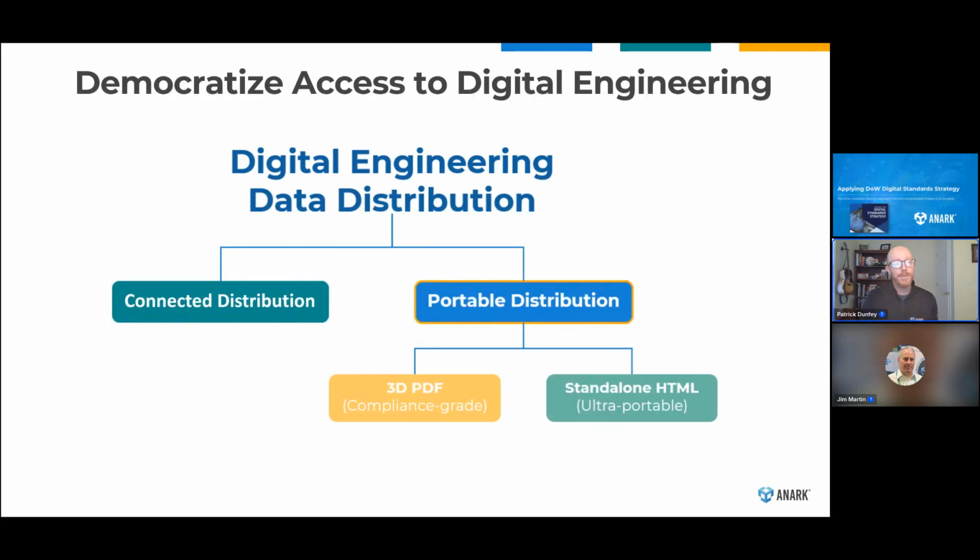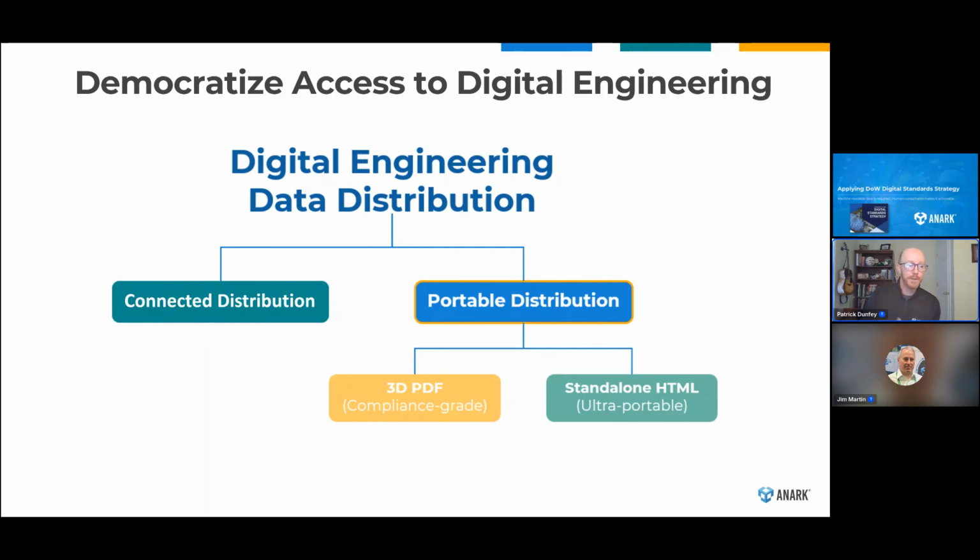It would be great if everything was a fully connected digital world right now, but the truth of the matter is that portable distribution is absolutely required to bring data into situations where a connection is not allowed, or there's just no way to get the data there without having a standalone piece of information that's potentially even printable, right?